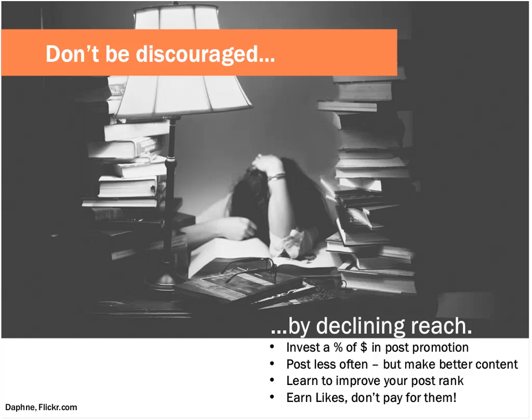I know you're all going to be wondering, what about declining reach though? Now, I'm not sure if you're all aware that Facebook has been adjusting their newsfeed algorithms over the last 6 months in particular, and that has resulted for most pages, or probably all pages, in a huge decline in organic reach.